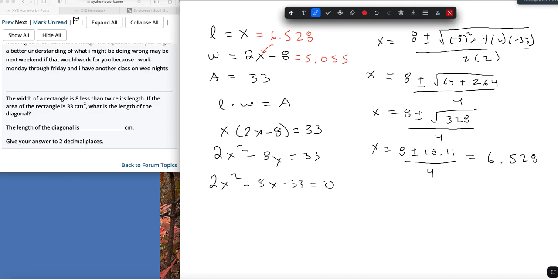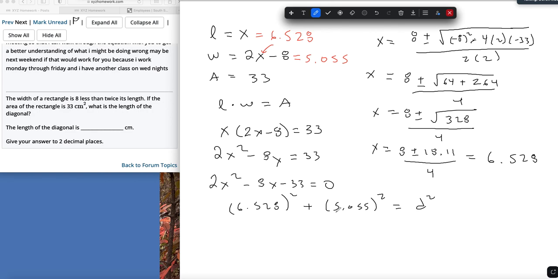And then the formula that I erased was the Pythagorean theorem. So we're going to do length squared, 6.528 squared, plus 5.055 squared should equal the diagonal squared. So what I'm going to do in the calculator is square this, and then square this and add those together.